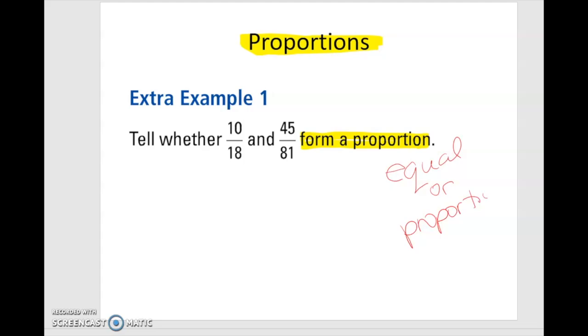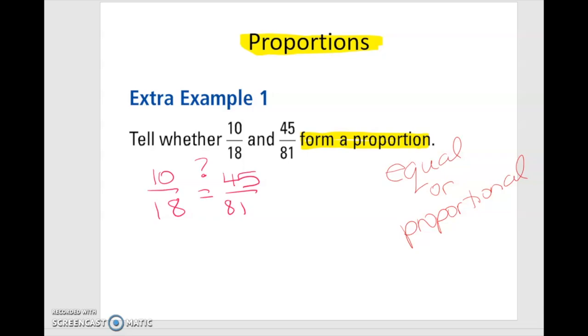We're going to talk about two different strategies for deciding whether or not ratios are equal or proportional to each other. We're going to look at the two ratios we have here: 10/18 and 45/81. We want to know, are these proportional? Are they equal to each other?